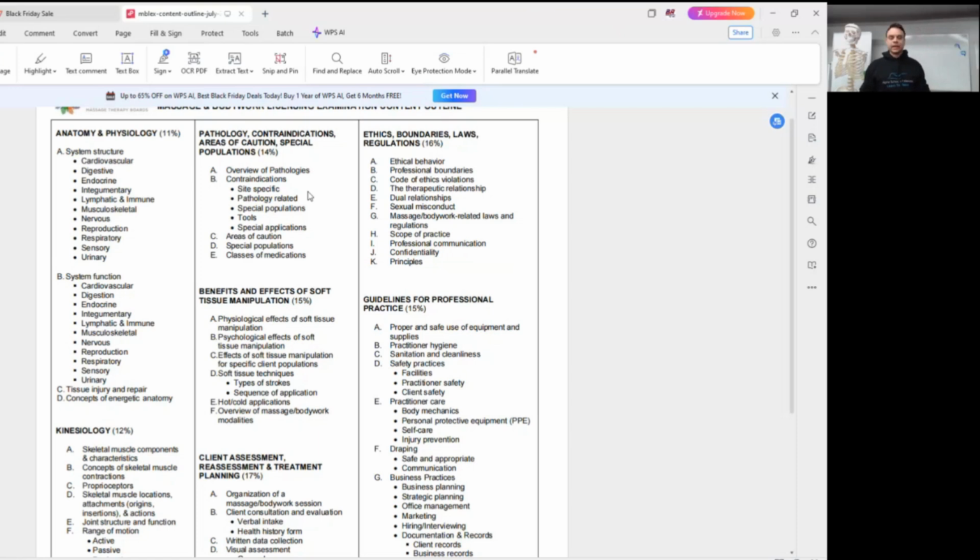So the few topics that we see here in the pathology section, of course, is the overview of pathologies. And I like that explanation, overview. There are numerous, almost endless pathologies that you could learn, but we don't have to, right? My general summation for you is to just make sure you have a good working understanding of all the pathologies listed in your book.